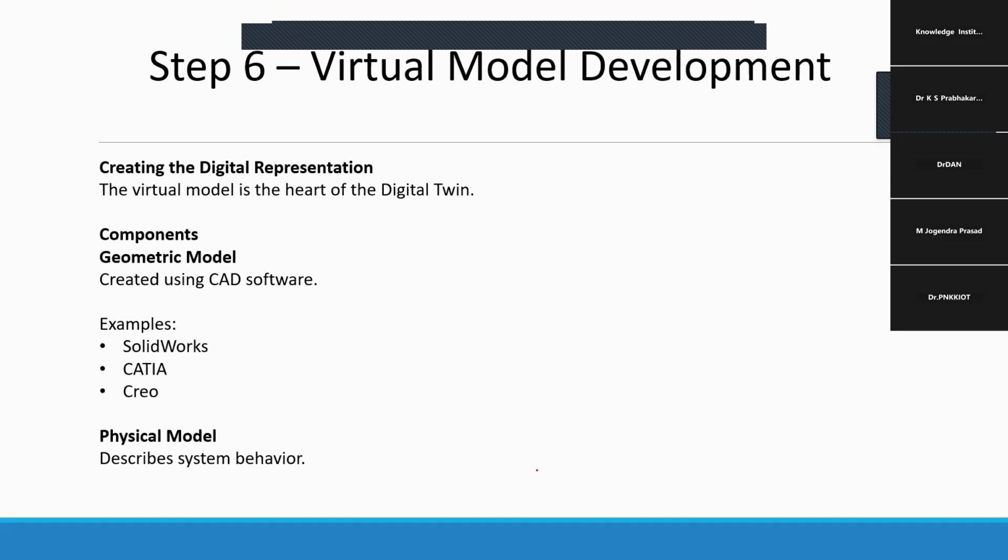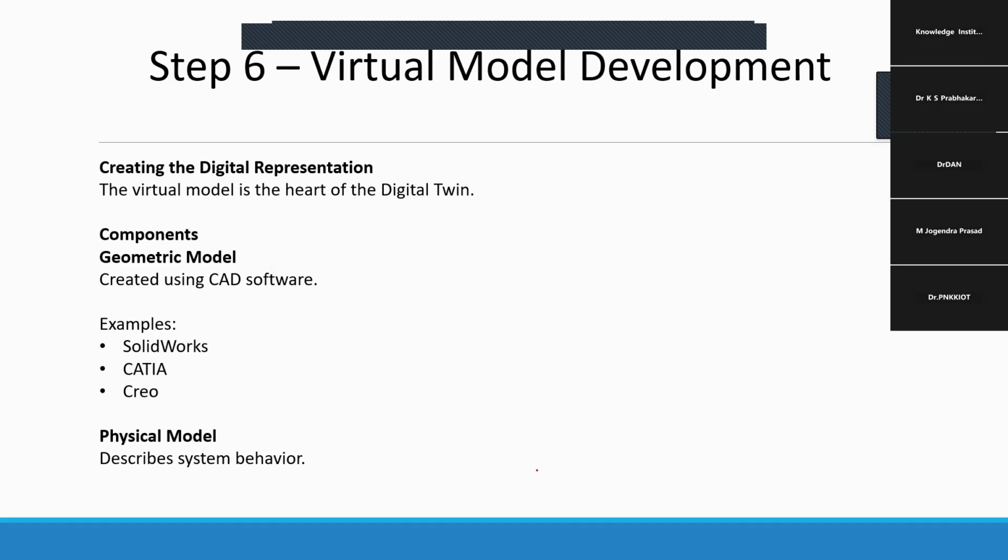The next step is virtual model development. Building a virtual representation of the physical asset is called virtual model development. It is the heart, or core, of the digital twin. As I already told you, the first component is the geometric model, because the geometric model tells about the shape and structure of the asset.